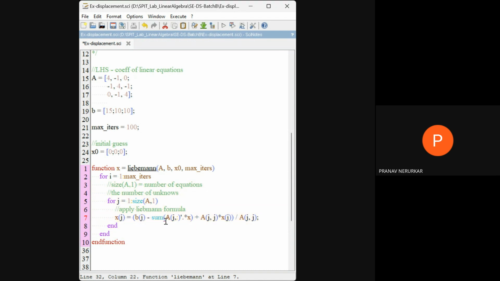Okay, so in this way we will get our solution. We have to iterate for max iter number of times. The solution that is returned we can store in X.